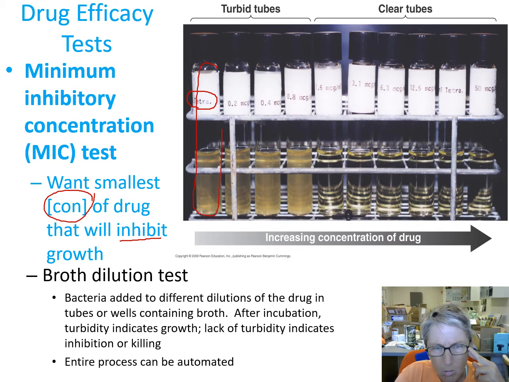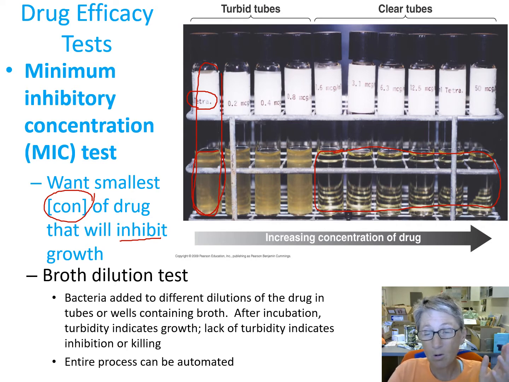whole culture tube, and when it looks like this, when it's kind of cloudy or turbid, that means the bacteria are growing well. When it's clear, like in the tubes over here, this is all very clear, the bacteria have been killed. So what you can do, and on the x-axis it shows the increasing concentration of the drug.